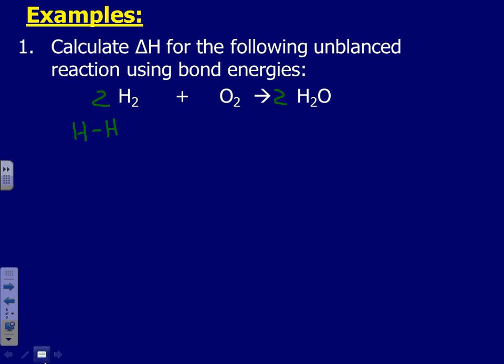That means you've got 2 of these bonds, and if you draw it right out, you can see that you have to break 2 of those bonds in order to make the water. Then 1 oxygen molecule. Remember, oxygen has a double bond. It's got 2 lone electrons that are going to want to do a little overlap there.